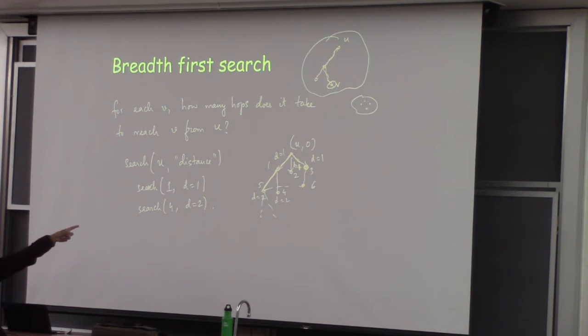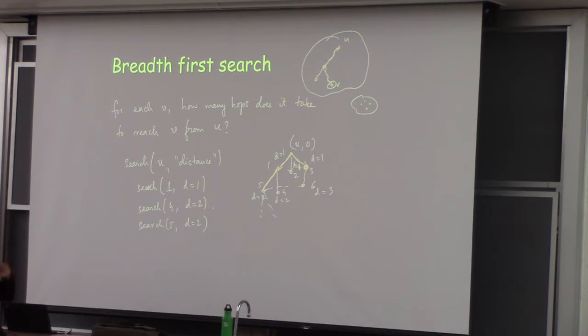Then this process will end up thinking that distance of 6 is actually 3, because it will first start looking at 5. It would have done search of 5 with distance equal to 2. In this process, it would have found that 6 is reachable from 5. It would label it distance 3.